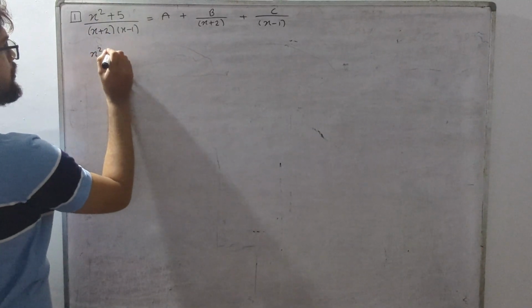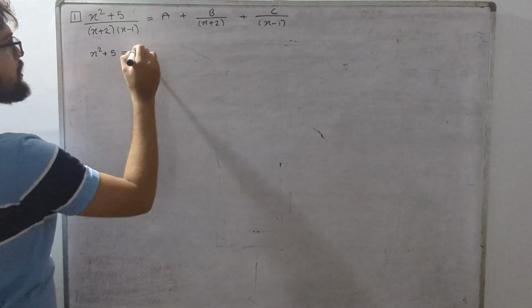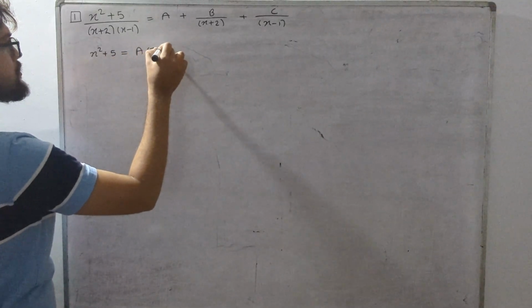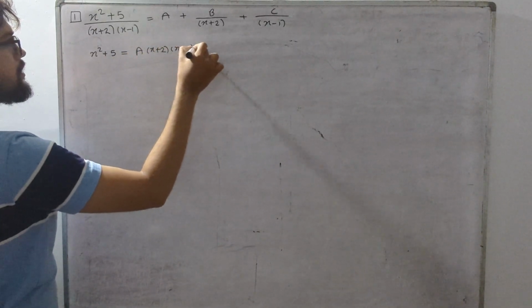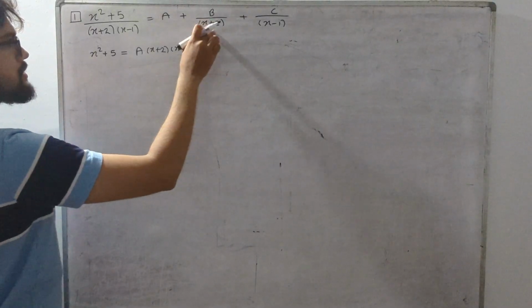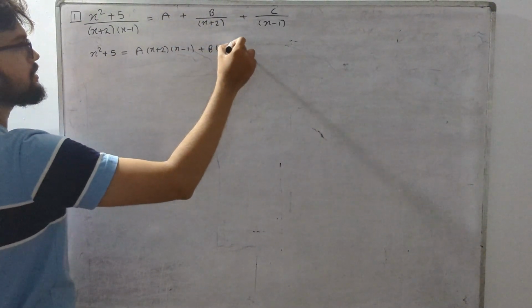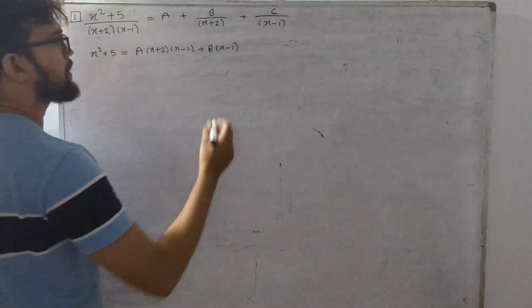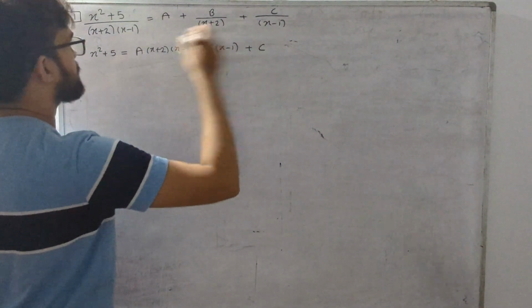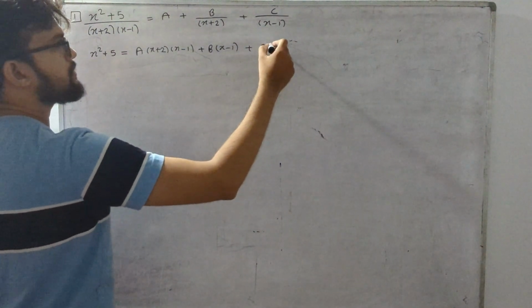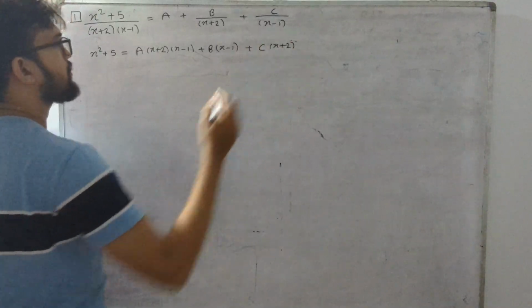X squared plus 5 equals A into x plus 2 into x minus 1, plus B into x plus 2 (x minus 1 cancelling, so x plus 2 is the rest), plus C into x minus 1 (x plus 2 cancelling, so x minus 1 is the rest).